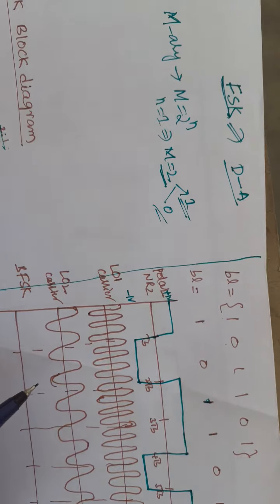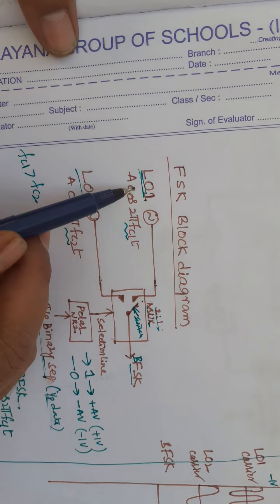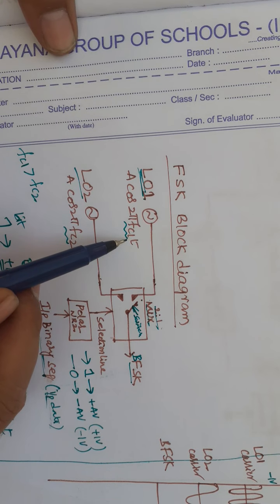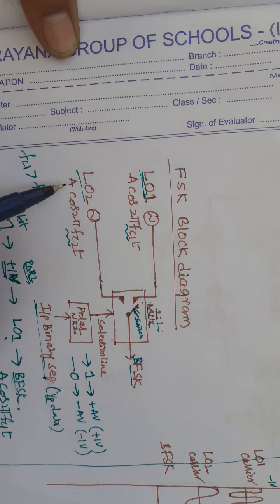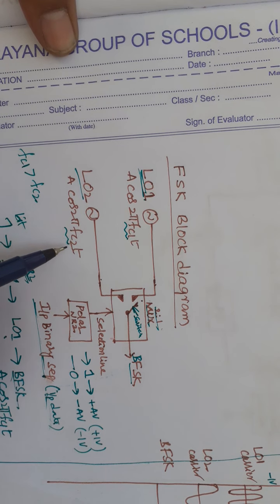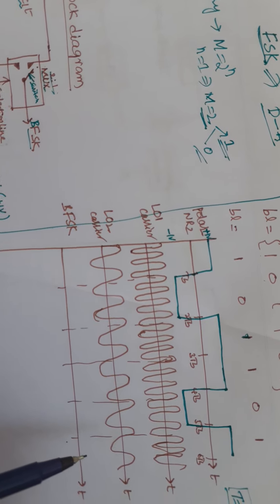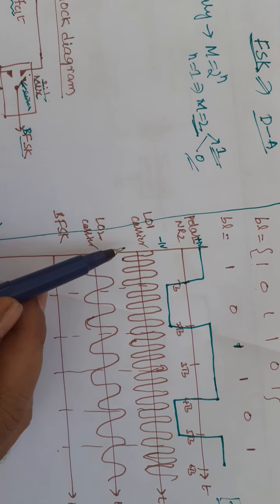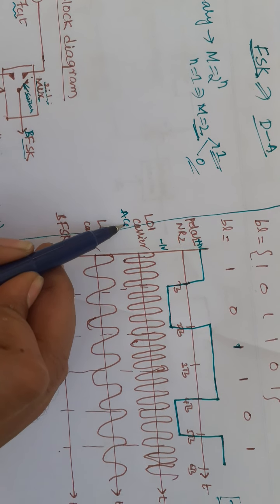Next one, in the block diagram we are using 2 local oscillators. The first, local oscillator 1, its frequency is FC1, that is A cos 2 pi FC1 t. Second one is local oscillator 2, that is A cos 2 pi FC2 t. So here I am taking 2 frequencies of the local oscillator.